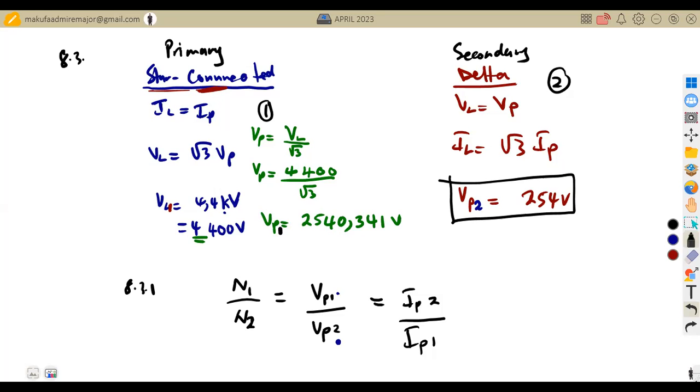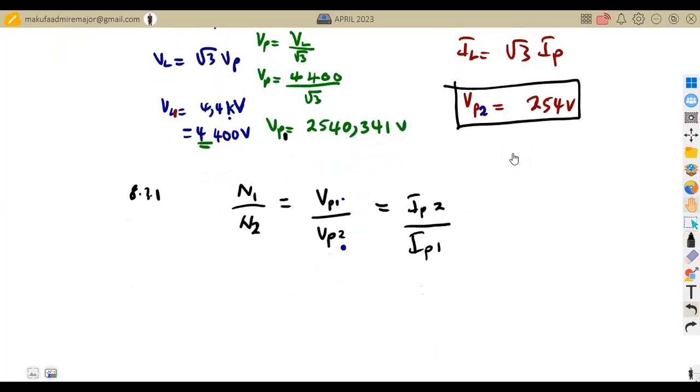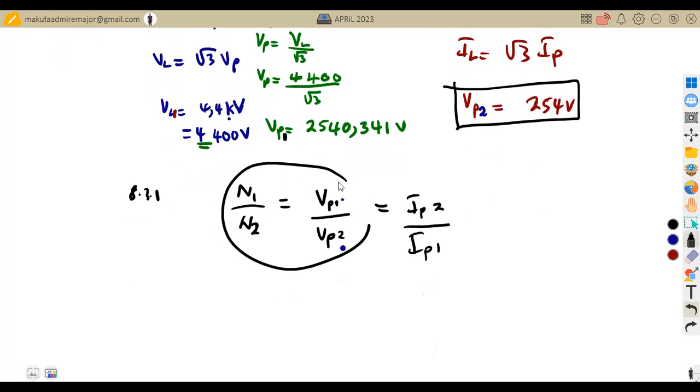Thus with this information, we can find our turns ratio. Since it was N1 over N2, we are going to use VP1 over VP2, the phase voltage, and that's what we have.